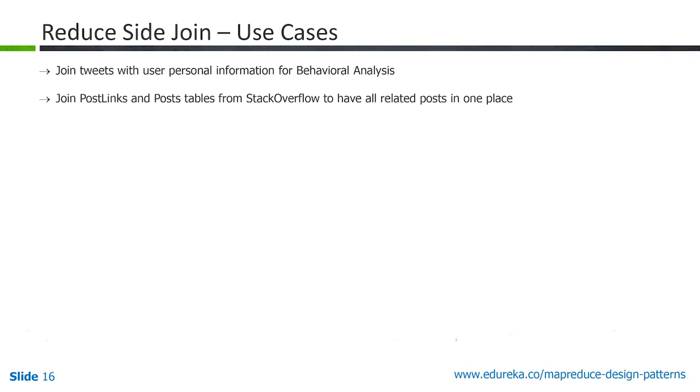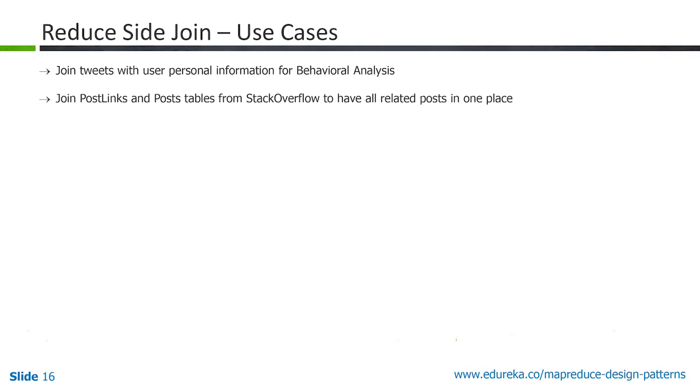So there is something called post links file and there's posts file in Stack Overflow data. And post is where, as I said, you have your answers and the questions. And post links are basically records where you show that this particular post has got a reference to some other posts in Stack Overflow, or this particular post has got a duplicate.